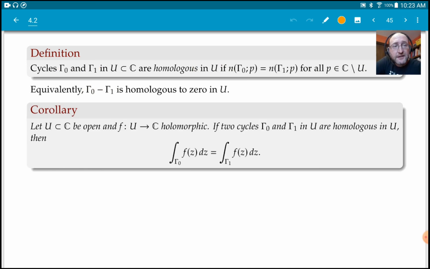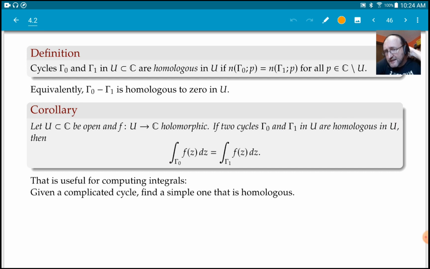Now, how does this fit into the Cauchy formula? It's a corollary of the Cauchy theorem, sorry. If we have two cycles that are homologous, then if we take a holomorphic function f and we integrate against those cycles, the integrals are equal.